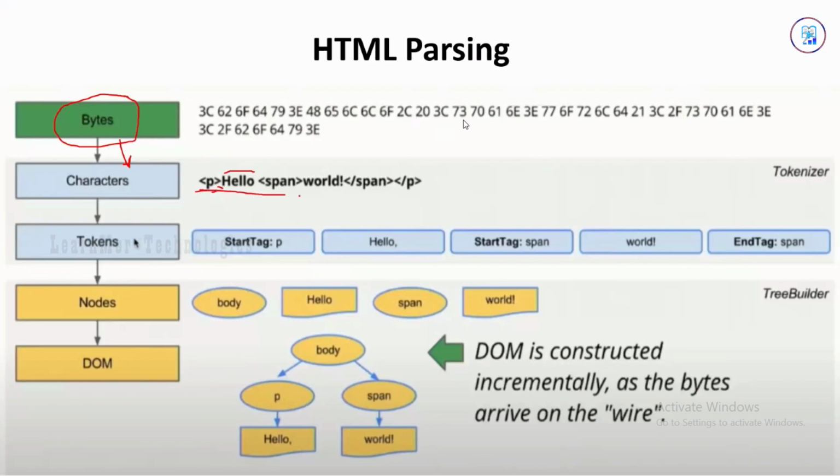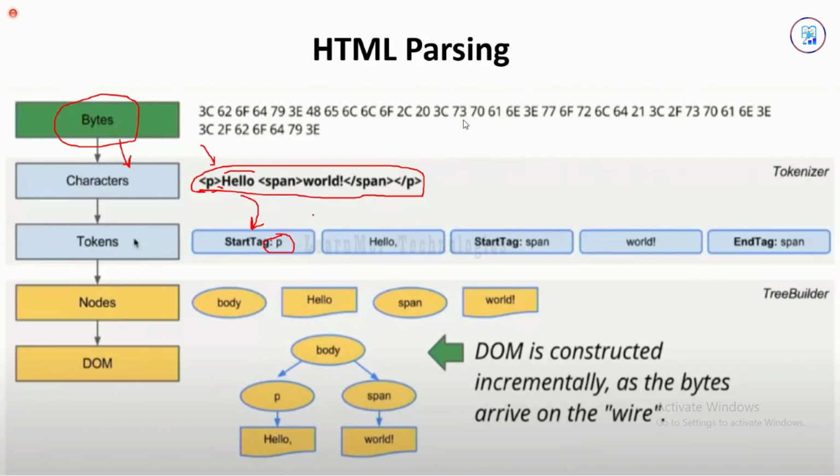These are characters. After converting the bytes into characters, it will convert them into a tag. So P becomes a tag. Converting the characters into tags, this mechanism is called tokenization at high level.